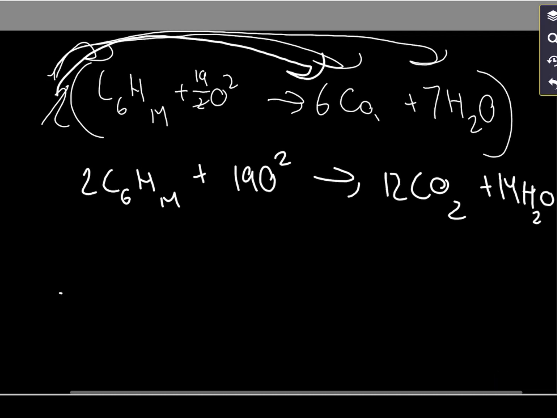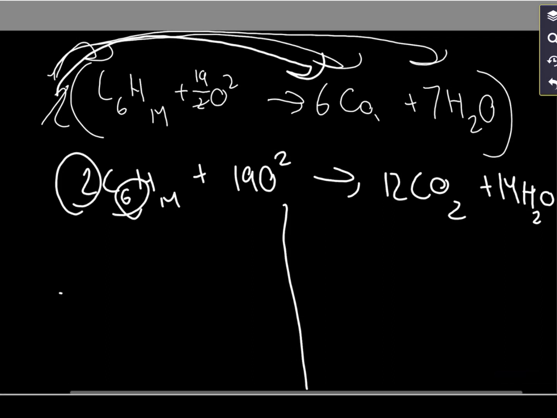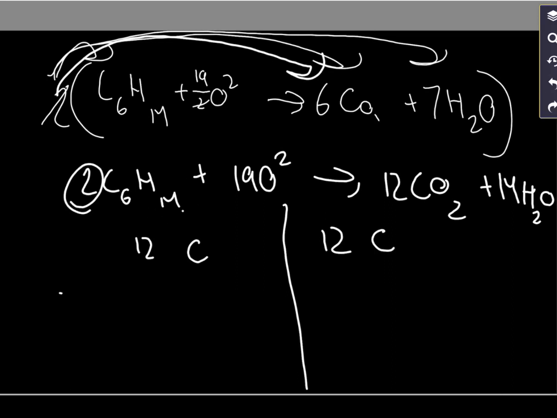So let's check if our answer is correct. Right now we have 2 times 6, 12 carbon atoms, and yes, indeed, we have 12 carbon atoms. 2 times 14, 28 hydrogen atoms.